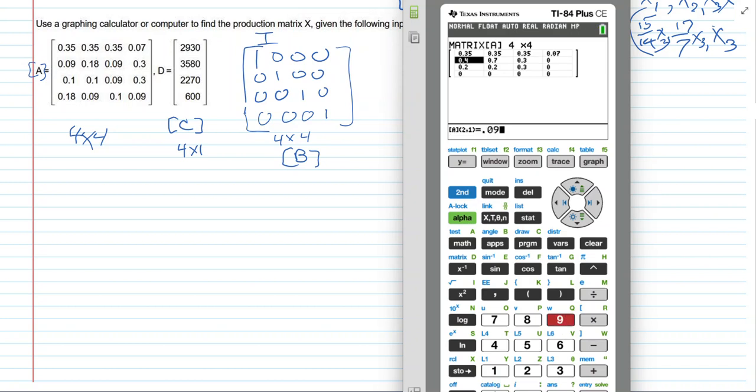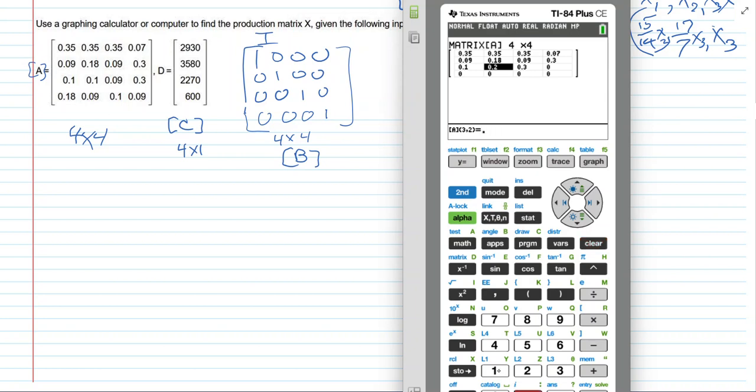Decimal 0.9, decimal 1.8, decimal 0.9, decimal 3, decimal 1, decimal 0.9. Oh, sorry about that. Let me clear that.